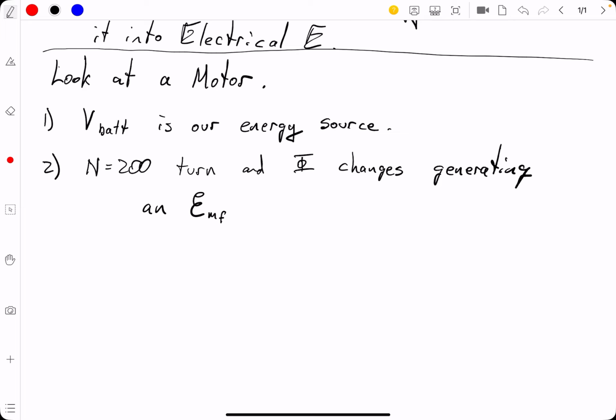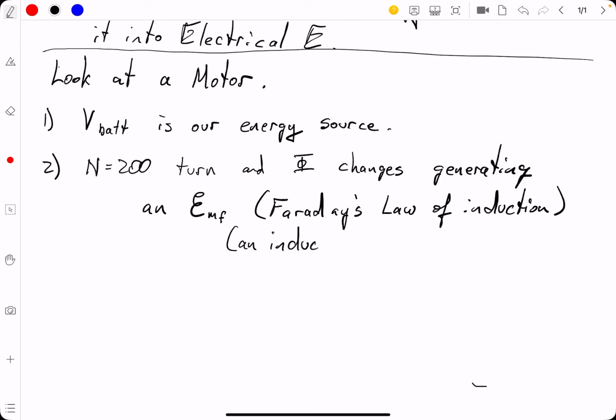So, let me write down Faraday's. An induced EMF from our system.